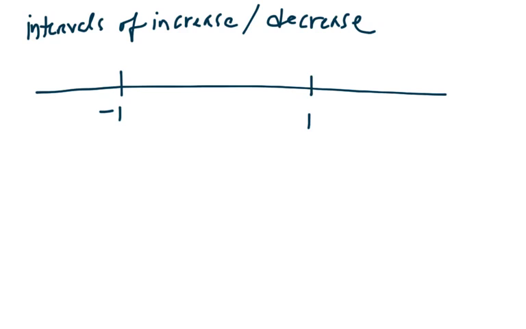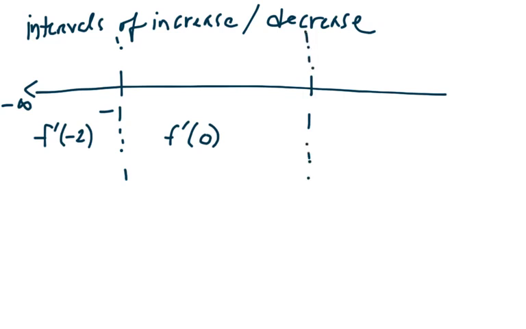So I'm looking at f prime of a test point. I'm going to pick negative 2, and I'm looking in the interval minus infinity to minus 1. Then I want to look at the value of the first derivative between minus 1 and 1, so I'll test f prime of 0.